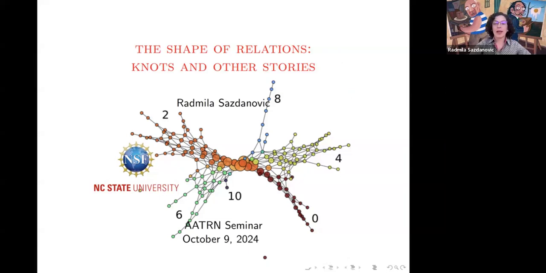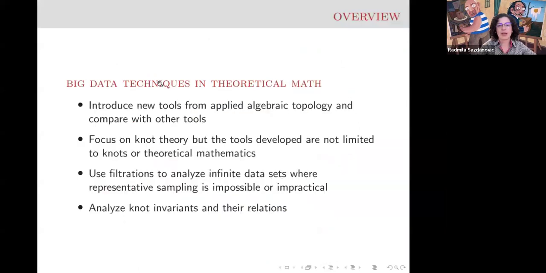Okay, so again, the title is The Shape of Relations, Knots and Other Stories. There are going to be very few other stories, but I do want to emphasize that all of the techniques developed in this talk are applicable to other data sets and other settings.